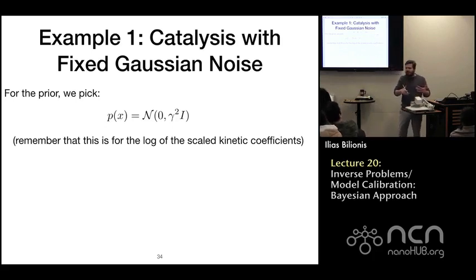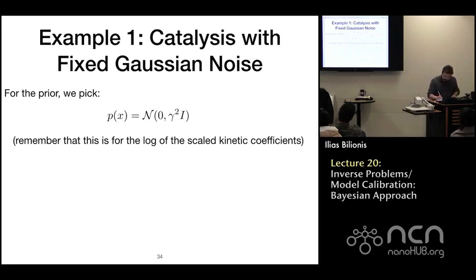The reason I'm working with these variables instead of the k's is that the k's are restricted. Whenever you want to optimize something, it's probably best to work with unrestricted variables, even though from a Bayesian perspective there's absolutely no problem. You can just put a density on k with positive support.